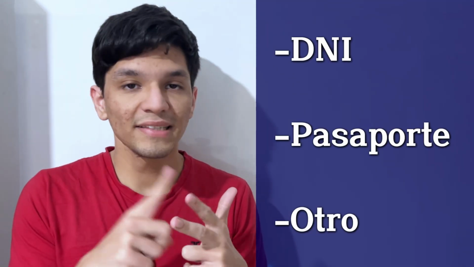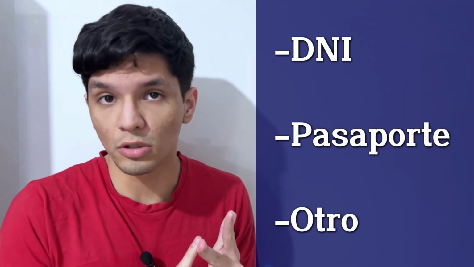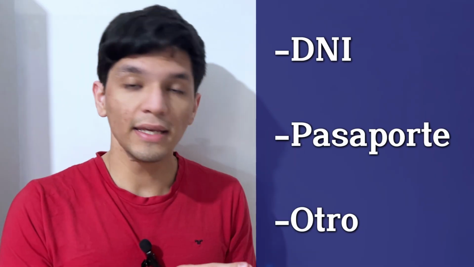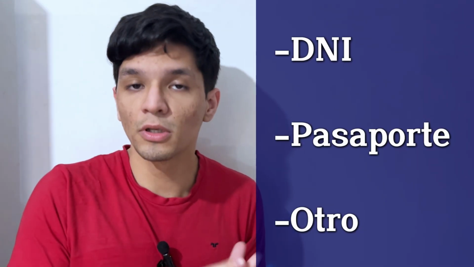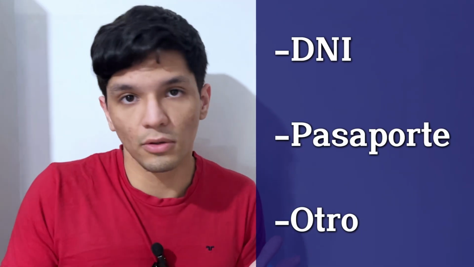In your case, as an extranjero, you will only have your pasaporte, which is your passport. So for your documento, you have three answers: DNI, pasaporte, or maybe otro. So as I said before, DNI, ID, pasaporte, passport, otro, other or another.